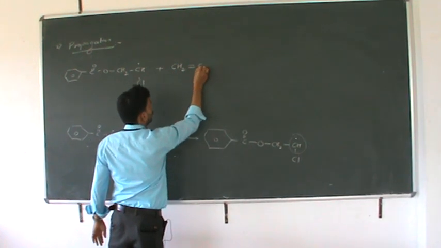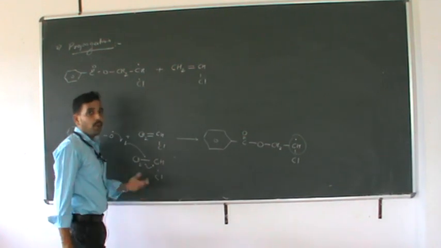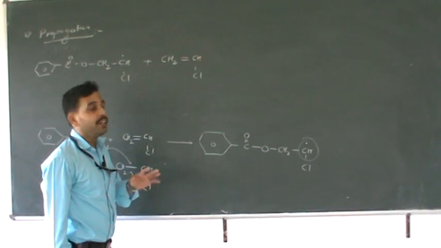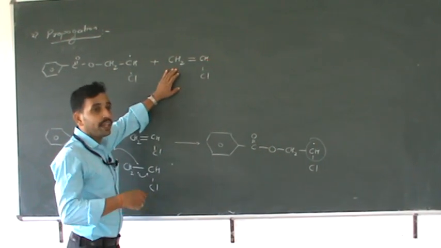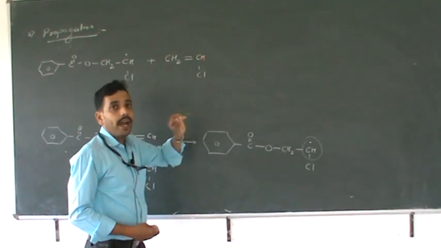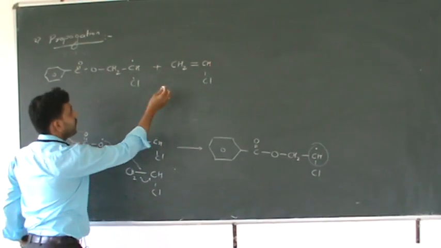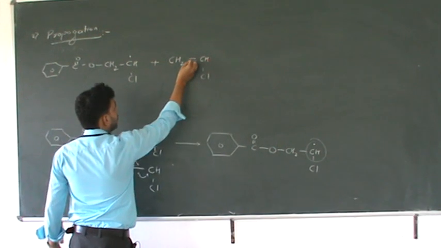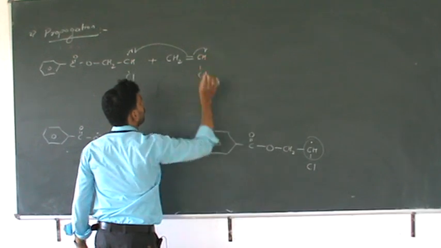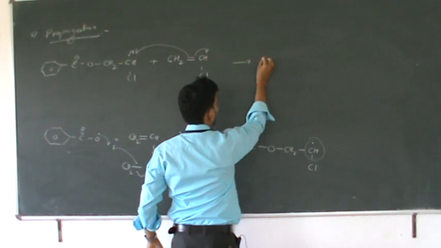It will attack the pi electron cloud of the next added monomer. A polymer has a large number of monomers, or repeated units. When we add more monomers, the polymer chain is longer; when we add a small amount of monomer, the polymer chain is shorter. For the next added monomer, the pi electrons again diverge and one electron shifts to the end of the monomer side, forming the propagation reaction.